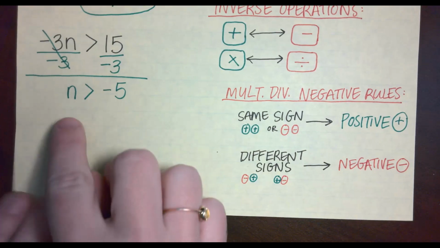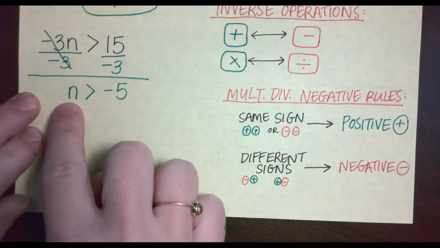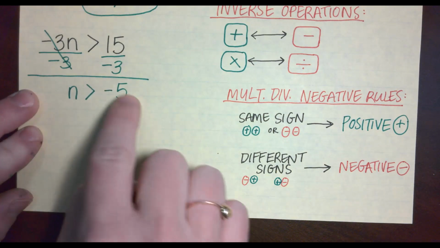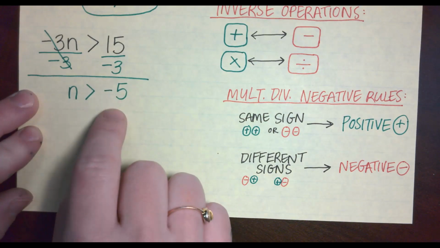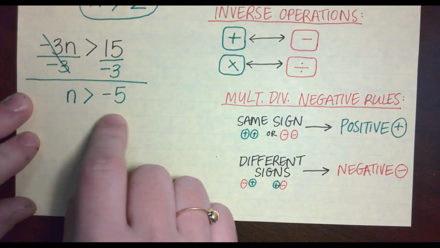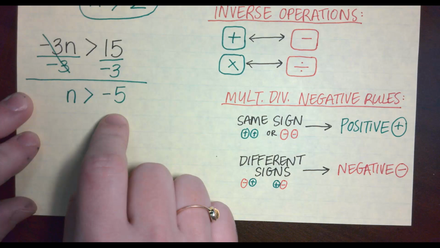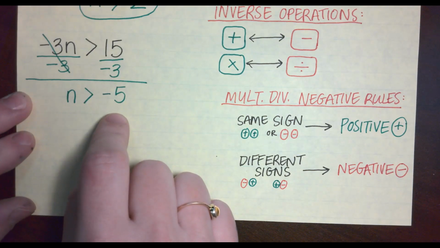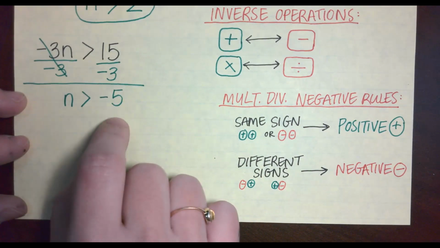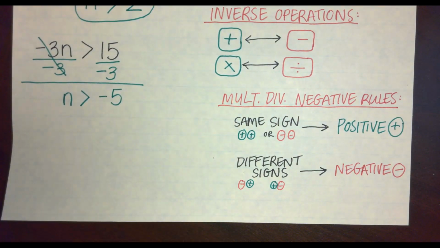No, that's correct. If n is greater than -5, -5 is not included in that. I can't pick -5. I can only pick numbers that are bigger than that. So that would be -4, -3, -2, -1, 0, 1, 2, 3, 4, 5, all the way up to 1,000,000. Well, even above 1,000,000, going to infinity. It just can't be smaller than -5.